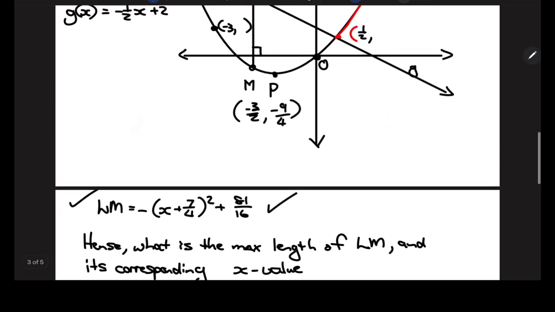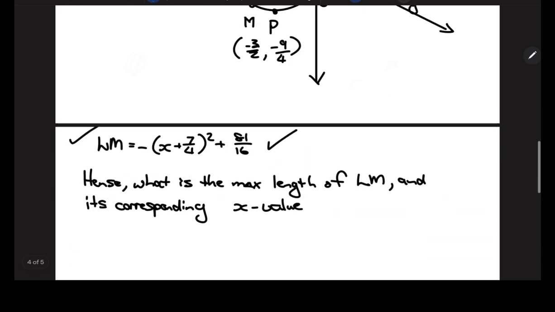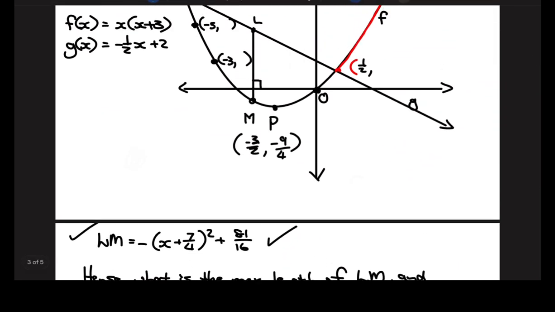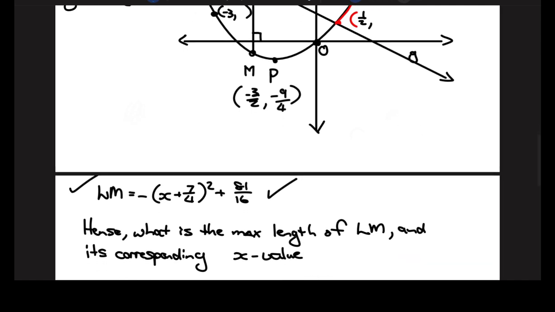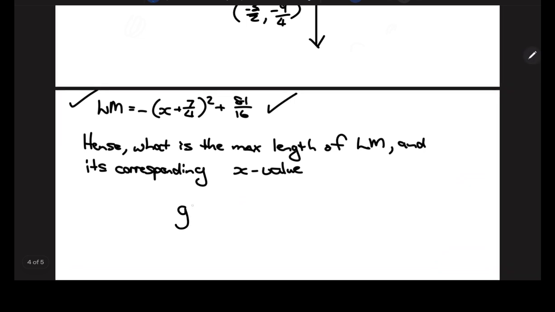Remember that now that I've taken L and I've subtracted M, I've taken the G of X and I've subtracted the F of X. Okay, and that would have given me the LM. Okay, and this is what we got.